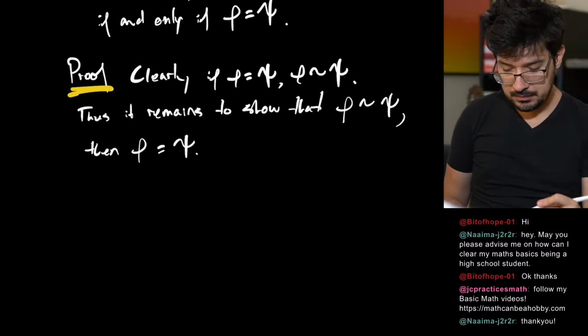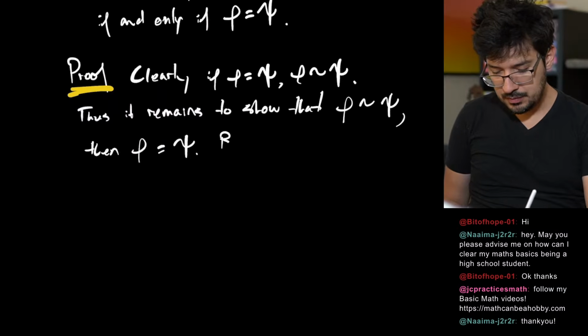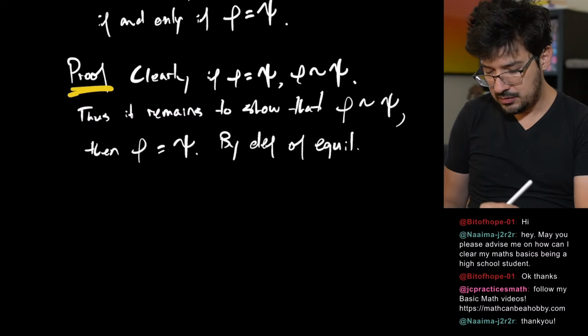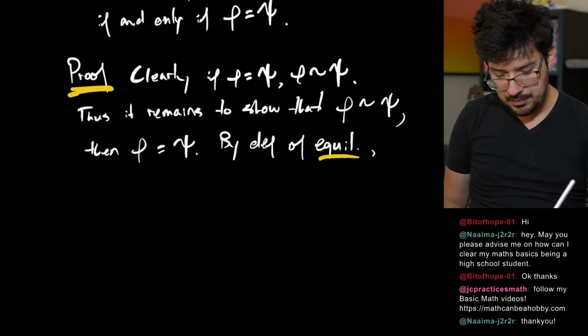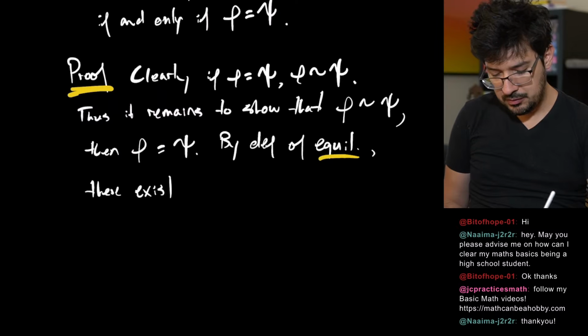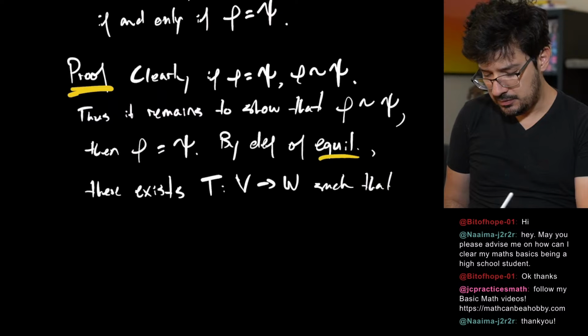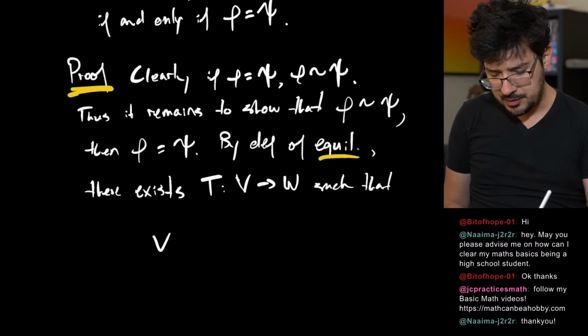So, by the definition of equivalence, there exists a linear transformation T, which is an isomorphism from V to W, such that this diagram commutes.